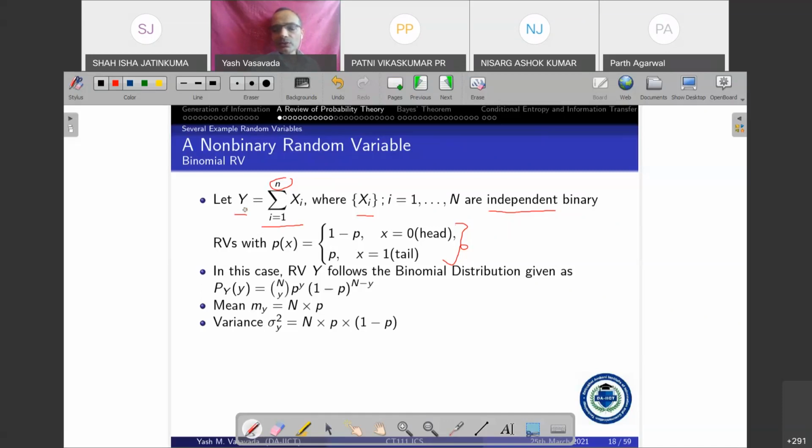Okay, so Kunj gave the correct answer. The smallest value of y is 0. Why? Because it is possible that all of these xi's are zeros in a particular experiment, and if you add up n zeros, you still get 0. So the smallest value of y is going to be 0.